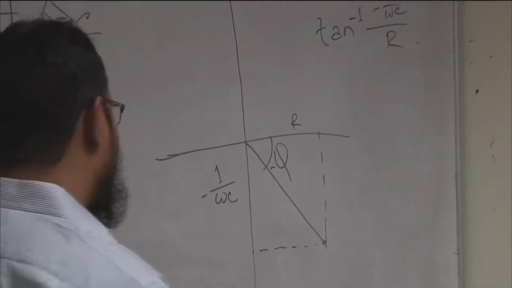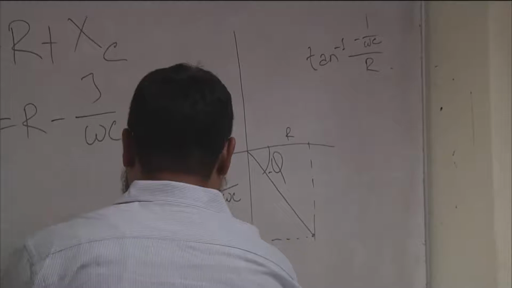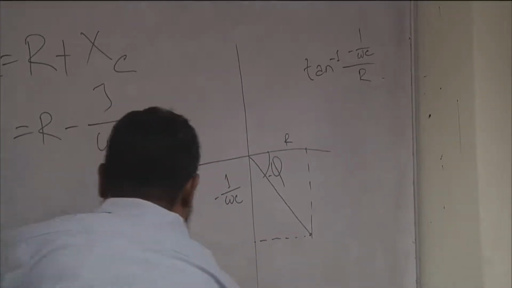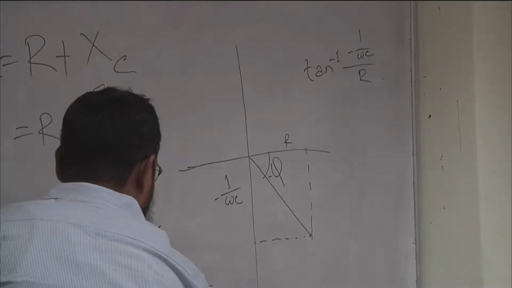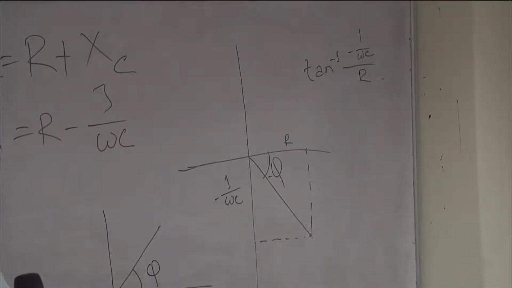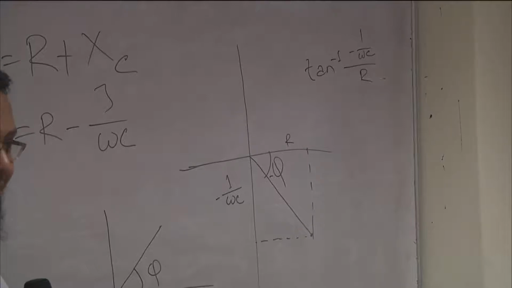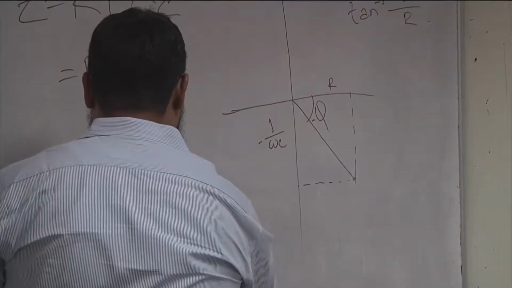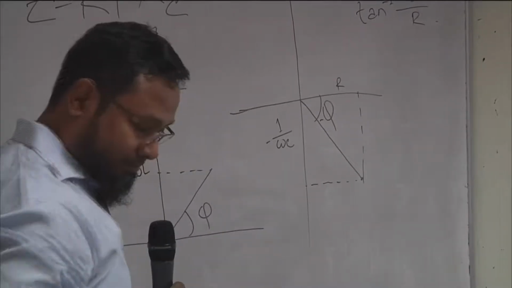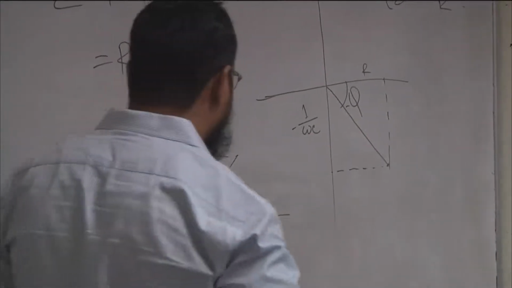I can tell you now, for the case of an inductor, obviously, you're going to have a very similar situation, but with a positive angle. Because for the case of an inductor, it's J omega L, right?